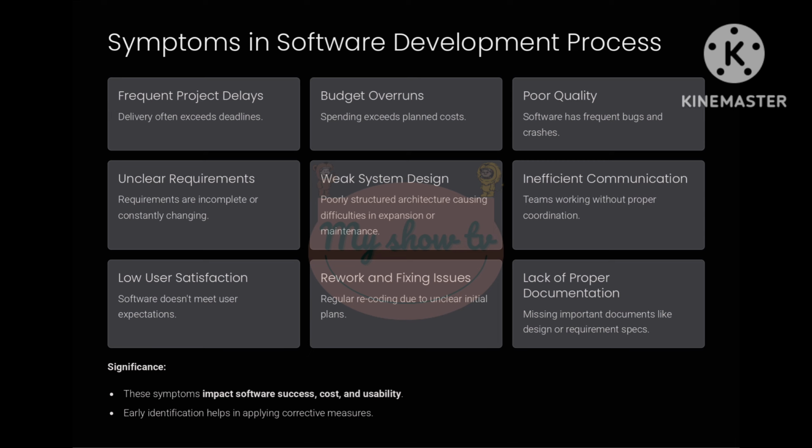3. Poor software quality, resulting in frequent bugs and crashes, showing lack of proper testing. 4. Unclear requirements, changes and confusion about what needs to be built, leading to mismatches between what is developed and what is needed. 5. Weak system design, architecture that cannot handle future growth or change easily. 6.